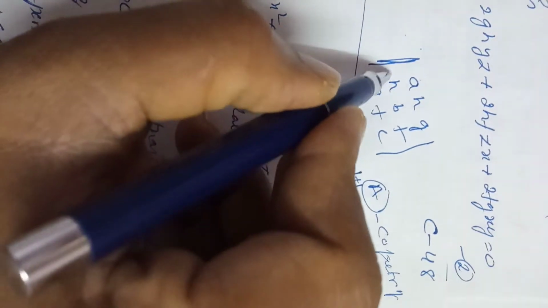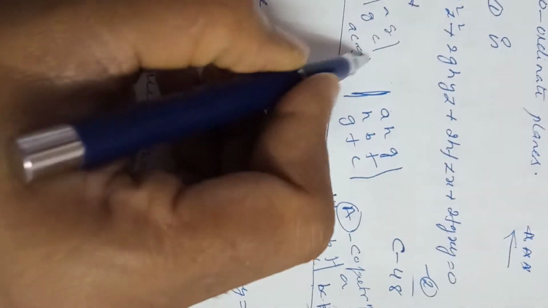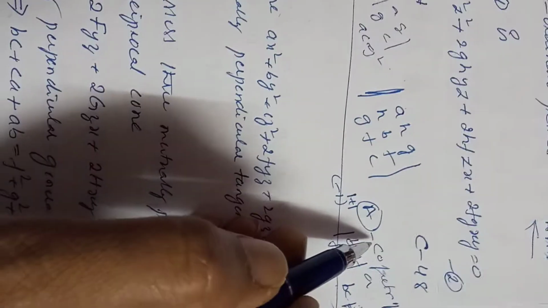See here. Now if you want to find the capital B value in the determinant, I have to find the cofactor of B. That means I have to delete this column and this row. Remaining elements are A, G, G, C. That means AC minus G square.